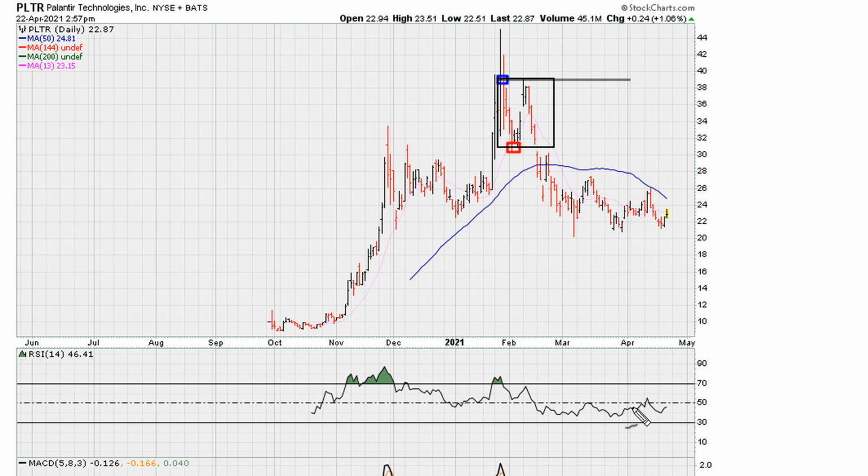Now we attempt to break out and fail right here. There's a failed daily breakout. We start pulling back, and as we learned in yesterday's video, take a look at what happened when we break below the box. That in itself becomes a sell signal.